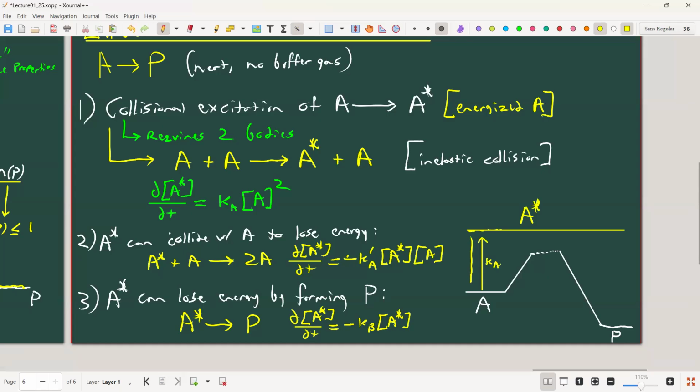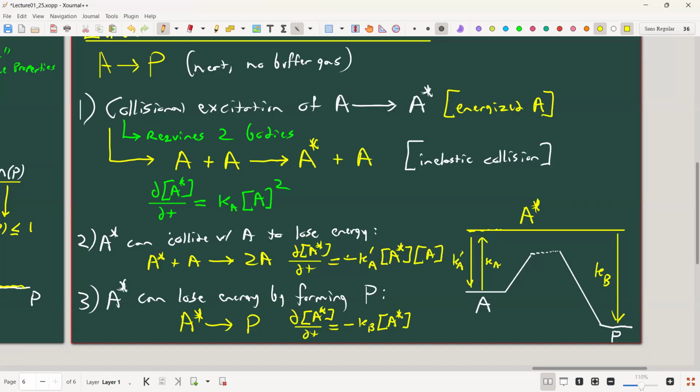It can react using Ka prime to go backwards, or it can react at a different rate to form P. So in fact, what we really need to think about is that there are two different types of A. There are regular A's, and there are these energized A's that are sitting above the barrier, caused by collisions or some sort of energetic process that gives them energy.